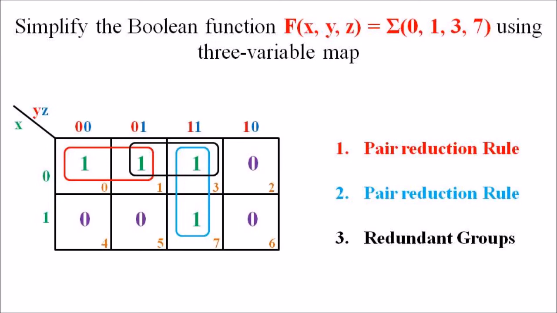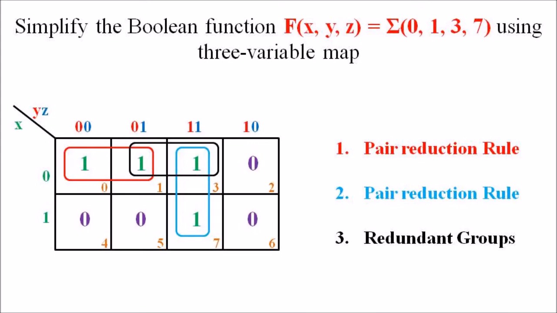Thus this third pair is a redundant group, and redundant groups should be avoided. This is a rule of K-map discussed in lecture number 71.